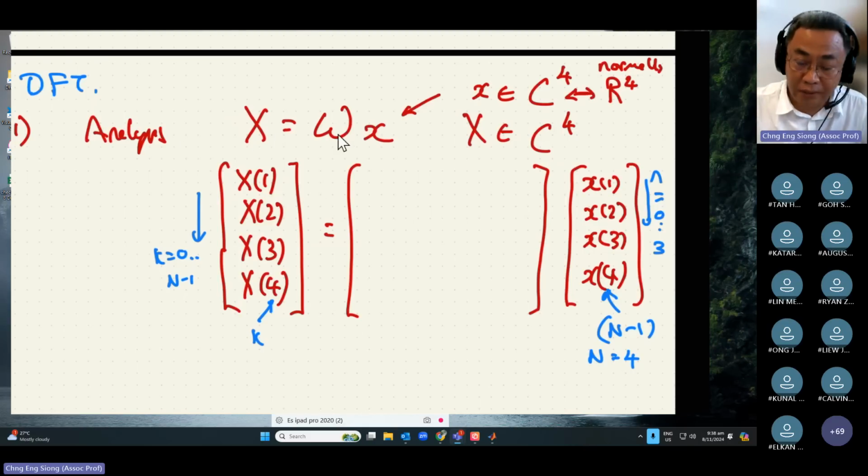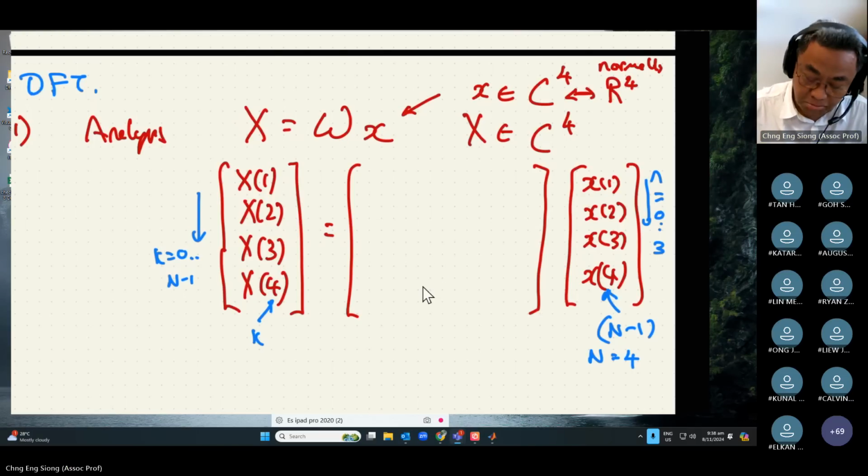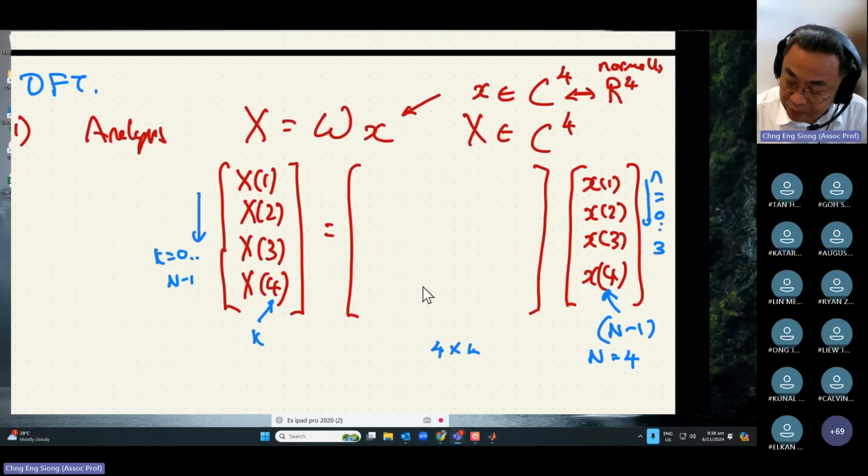So the question is, what is W? What is the size, guys? Yeah, 4 by 4. Now, if this is a 4 by 4 matrix, what kind of elements are in it?